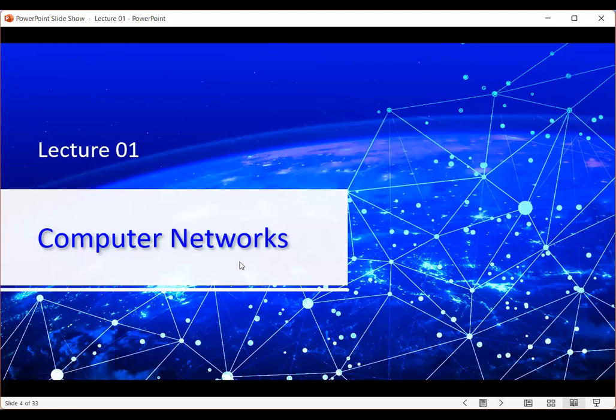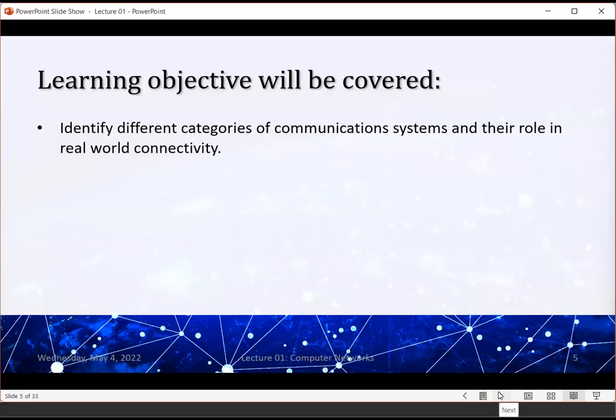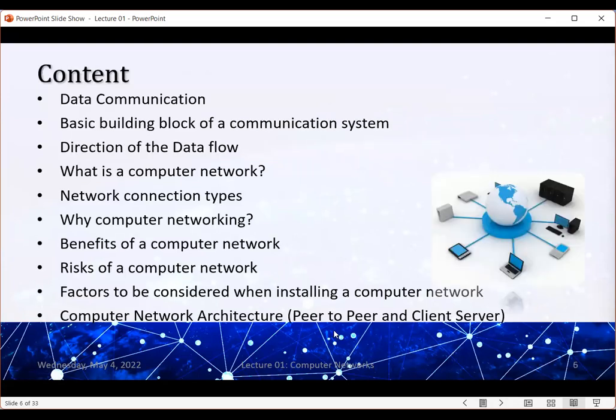So today we will start the lecture, and the first lecture covers the basic concepts. During the first lecture, you will learn what is communication, what is a network, like this. First of all, these are the contents of today's session. First, we will learn what is data communication, then the basic building blocks of a communication system, and the data flow types.